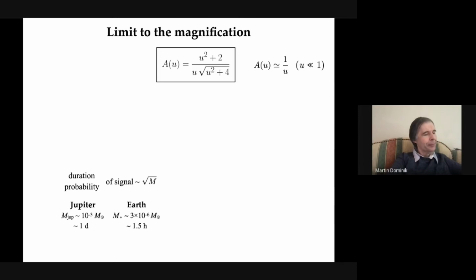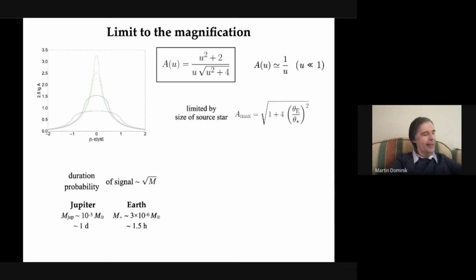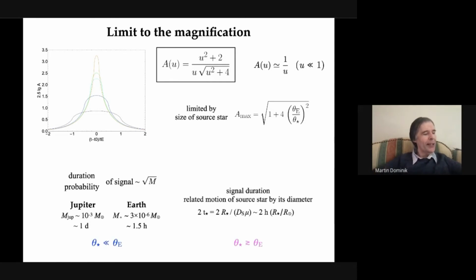However, a limit arises from the finite size of the source star, which reduces the amplitude while increasing the duration. This means that the signal duration will become related to the motion of the source star by its diameter, as its angular radius is no longer much smaller than the angular Einstein radius.